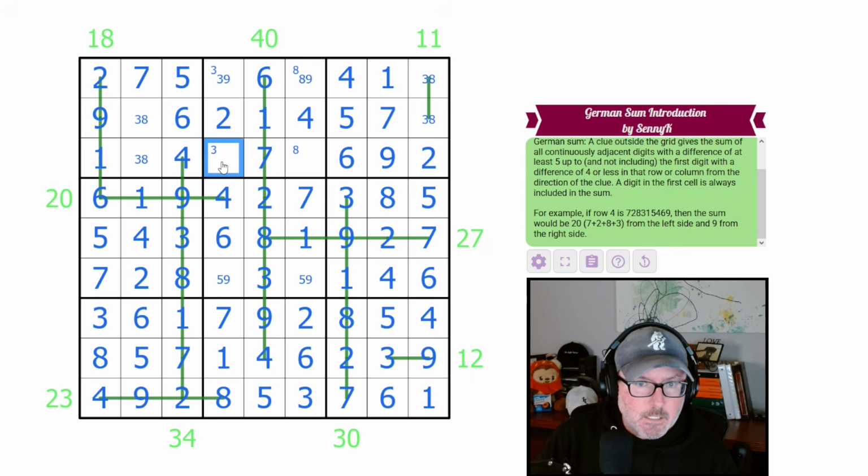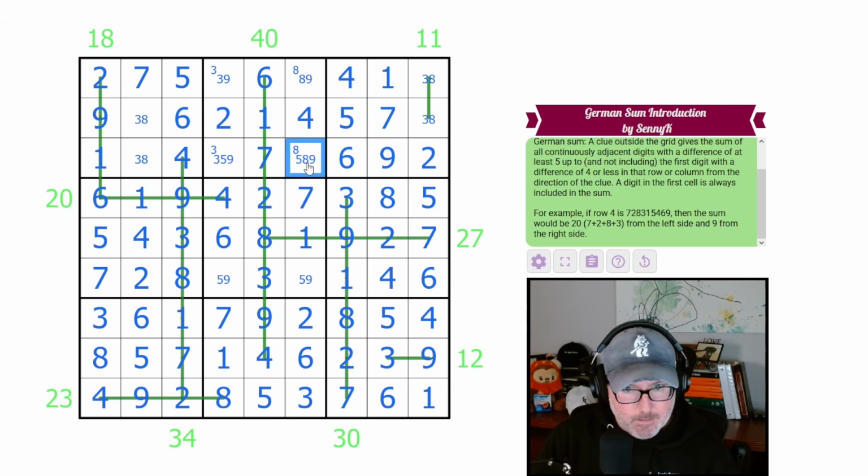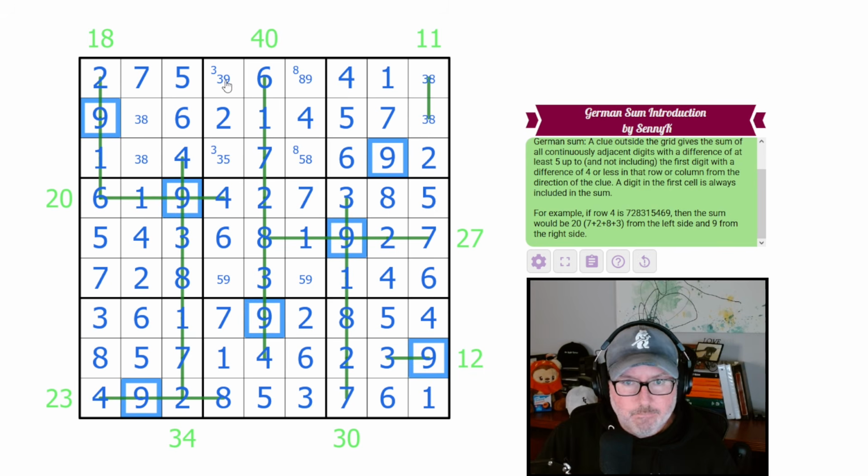Let's see. You are 3, 5, or 9? Why does this still not feel like it's working correctly? You are 5, 8, 9. You can't be 9. You can't be 9. No, oh, this is a 9. That's what it was. Right? No?